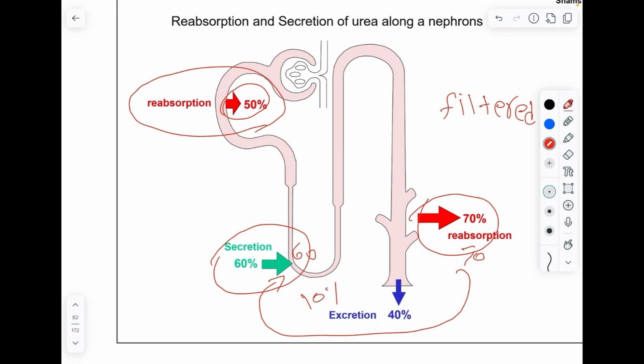Why? Because filtered urea, 50% of it is reabsorbed here. What's reaching here is the 50% that's left from the filtered urea, and what's secreted. So for urea in general, yes, reabsorption is more in the collecting duct.